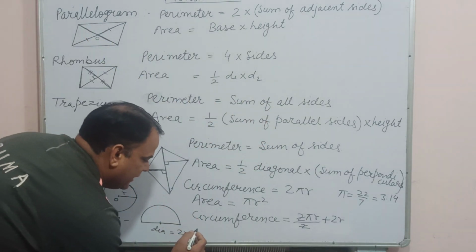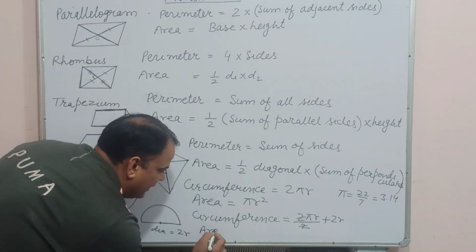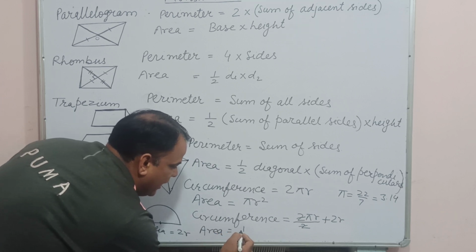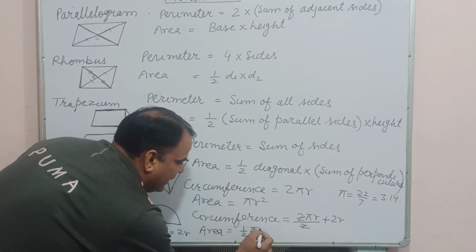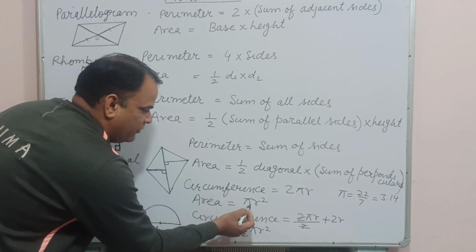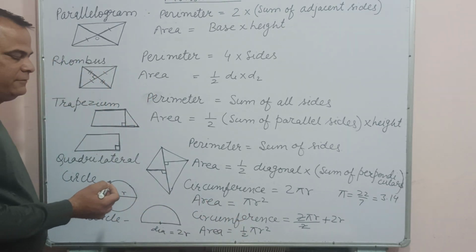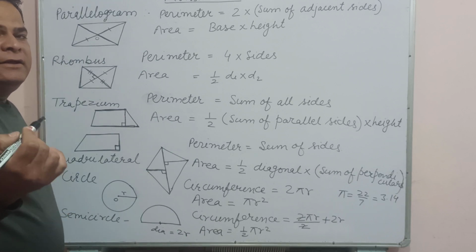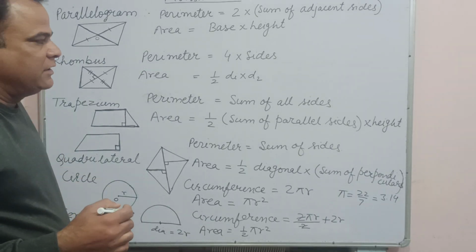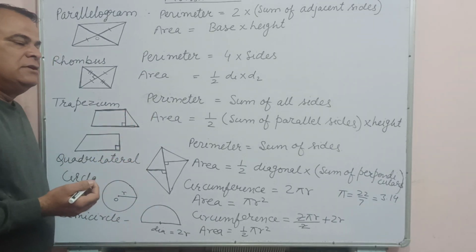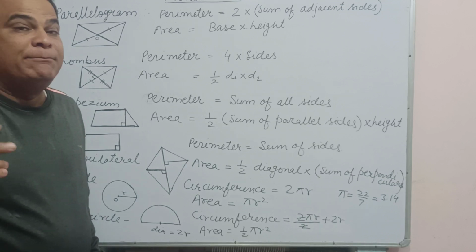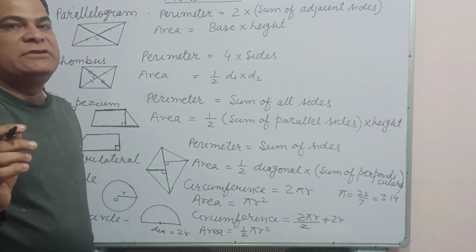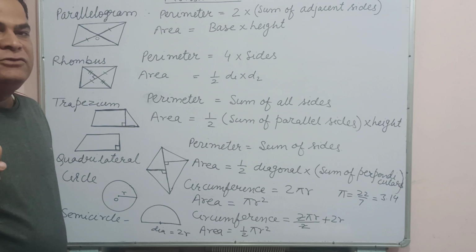And the area must equal half of pi r square. Half of the area of the complete circle is half pi r square, that is the area of the semicircle. So in this class we have discussed the complete figures used in this chapter, mensuration.